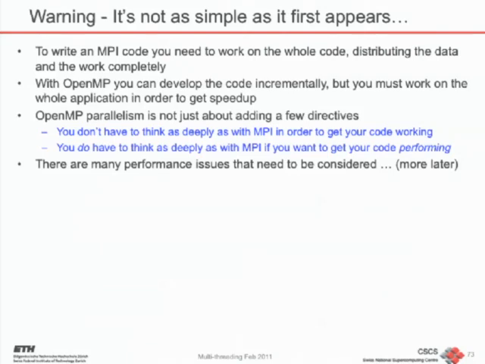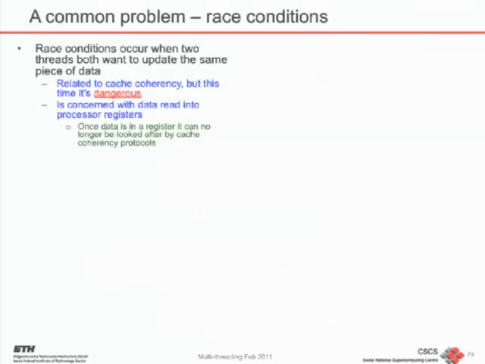You don't need to think like you do with MPI about every single message that you're passing, how costly is this, do I really want to do it, do I need to reorder parts of my code more efficiently to be able to do those communications. You just typically go in and add some directives. But you do have to think as carefully as you would about any MPI implementation, if you want to get your code working well, get it working fast. So we'll look at some of those things just in a moment.